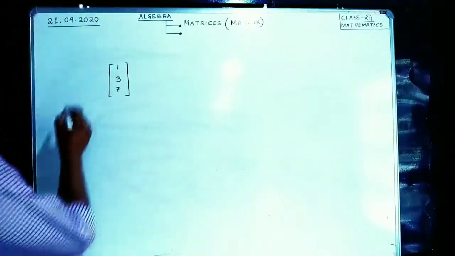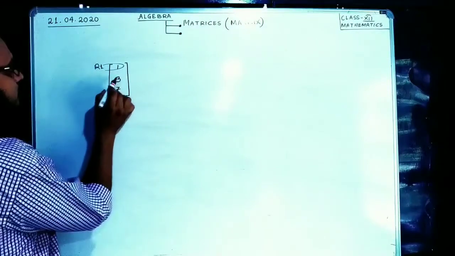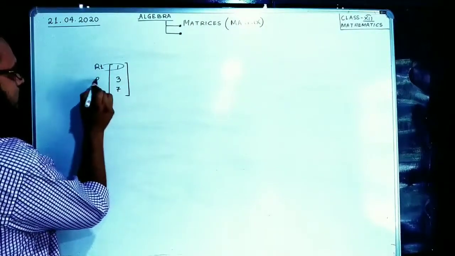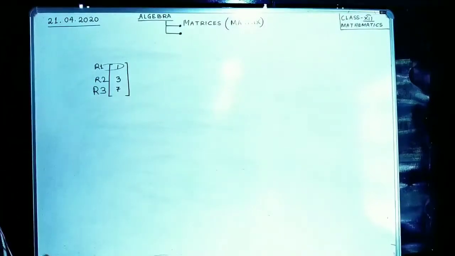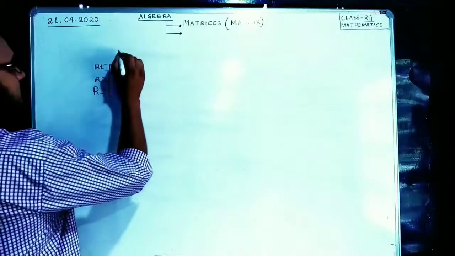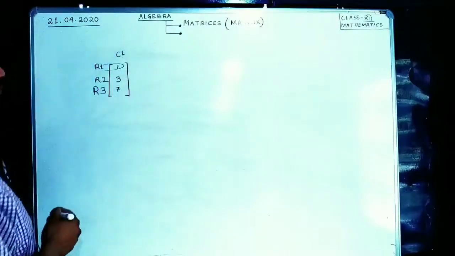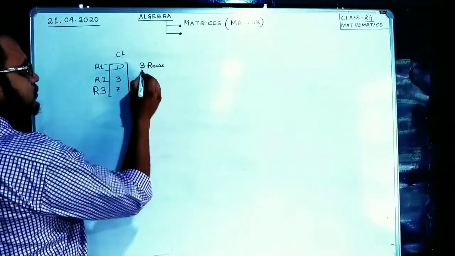Obviously this is the first row, row 1. This is the second row, row 2. This is the third row, row 3. And how many columns does this have? Only one column exists in the vertical fashion, so this is column 1. So this matrix has 3 rows and 1 column.